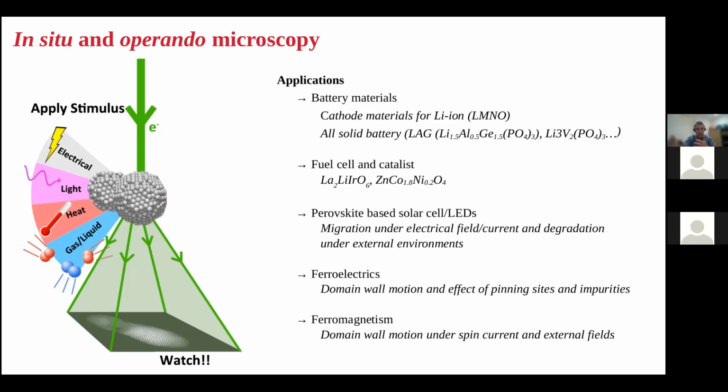We try to operate the battery inside the microscope and we see what microstructure changes happen when you operate the battery. Or we also do that on a fuel cell. So we can run the fuel cell inside your TEM and look at the microstructure evolution upon the number of cycles. I do work quite a lot on solar cells and LEDs, even though I will not be talking about solar cells and LEDs in this talk today.